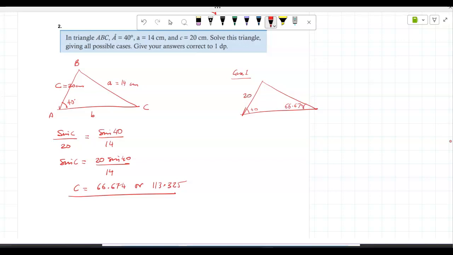This is 20, this is 14, this is C, this is A, and you're finding B. So you use the sum of angles of a triangle. Sometimes if you make mistakes, rounding errors will come in. 73.32.